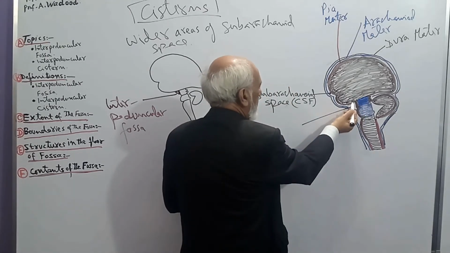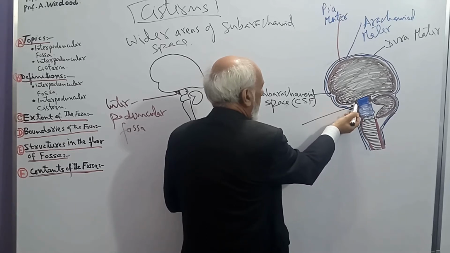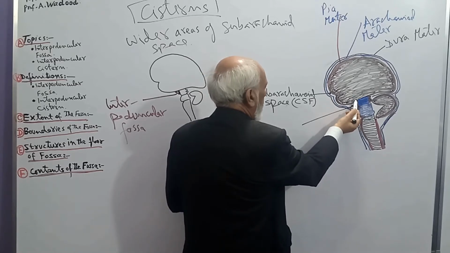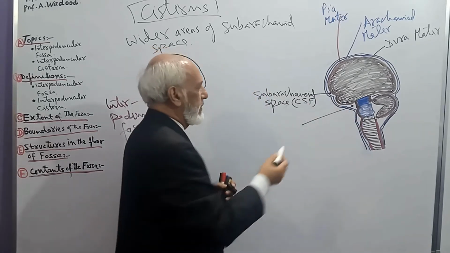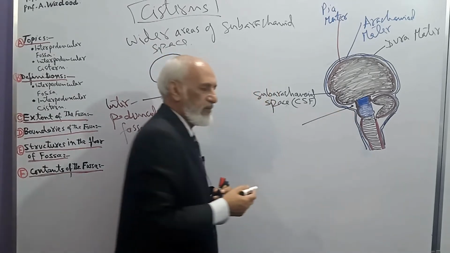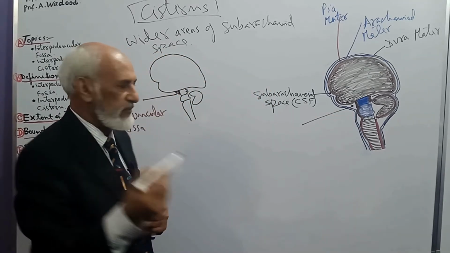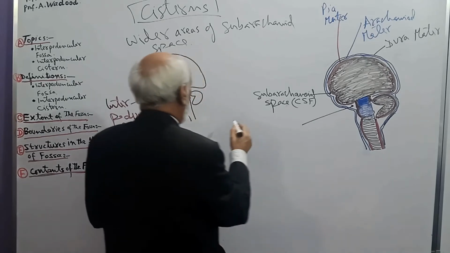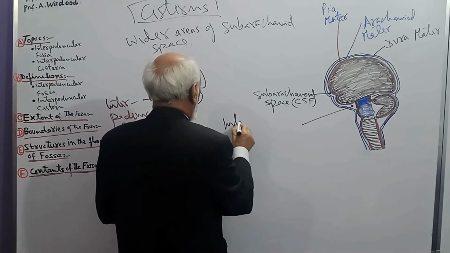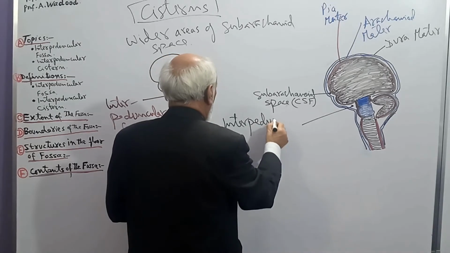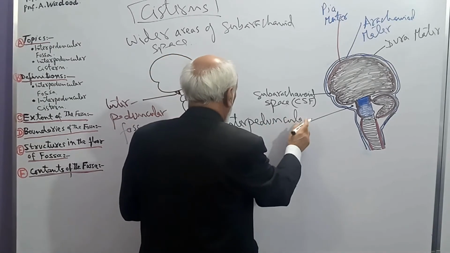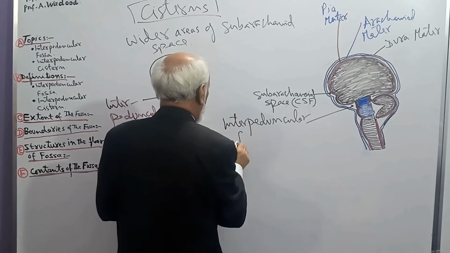This is pia mater, this is arachnoid mater, and here in the angle between inferior surface of cerebrum and anterior surface of the midbrain, this wider part of the subarachnoid space filled with CSF is known as the interpeduncular cistern.